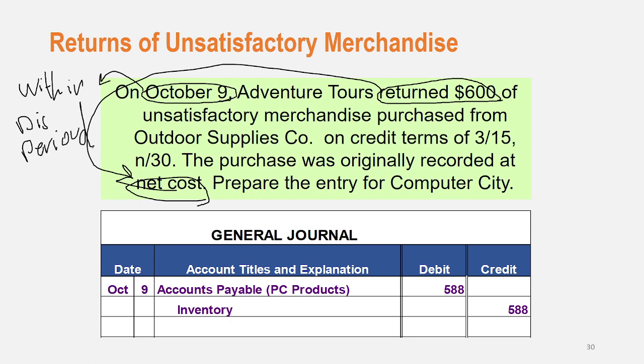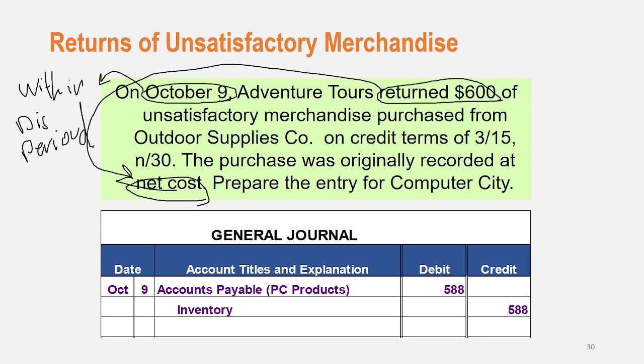In summary, we return $600 from the $10,000 value on October 9, when this date belongs to the discount period, under the net cost method. In the net cost method, this means that we record the total amount after discounts.